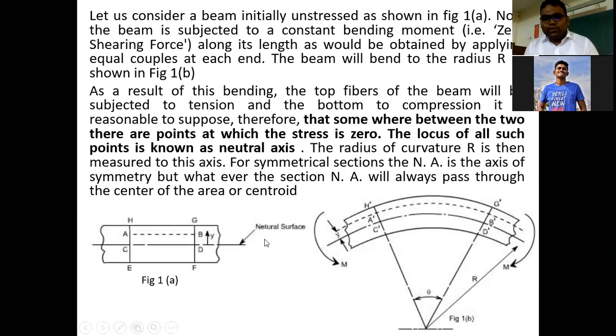This is all about this diagram. I try to make you understand by explaining this. This is a beam element. Suppose this is a beam, and we have taken a small part of this beam. Initially we have not applied any couple or torque.